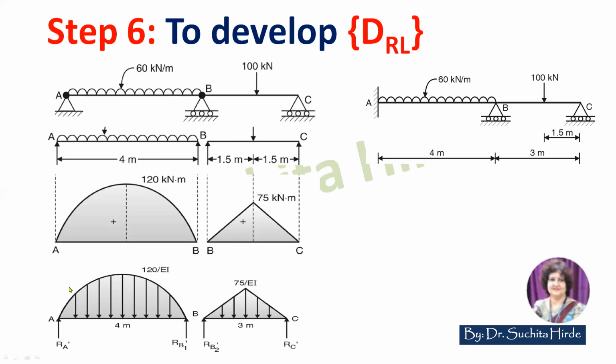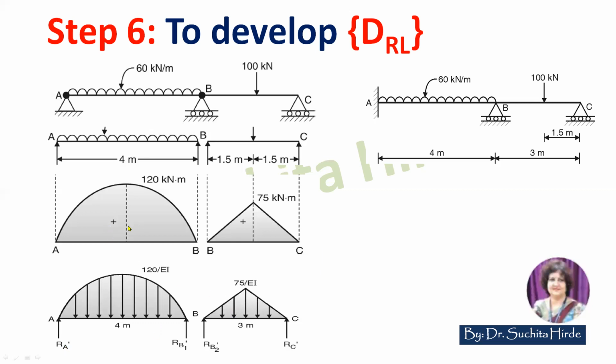So if you calculate this RA dash, it will be equal to DRL1. And if you calculate this RB, which is the addition of RB1 and RB2, that will be DRL2. So we are using the conjugate beam to calculate DRL1 and DRL2.